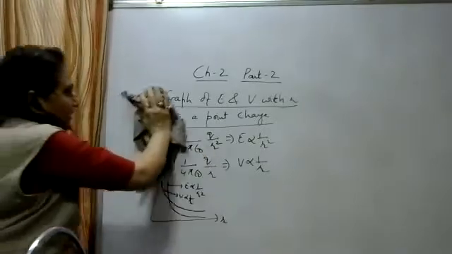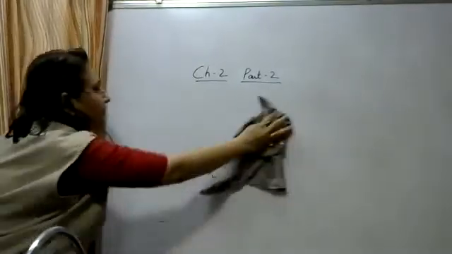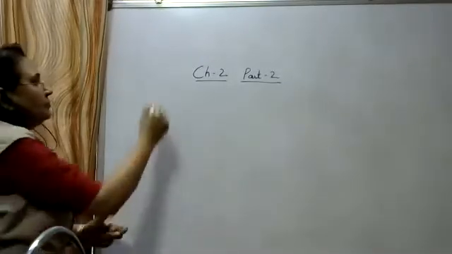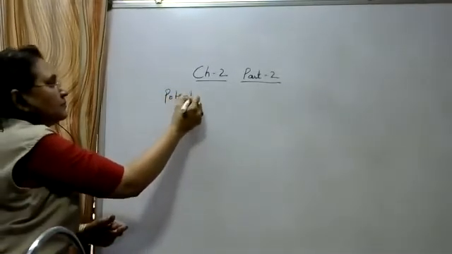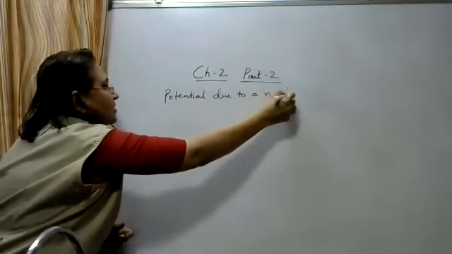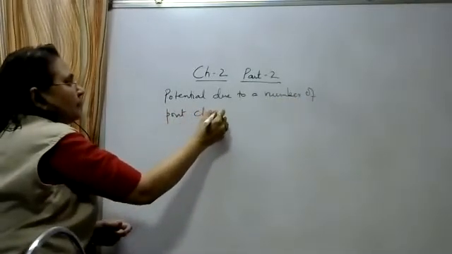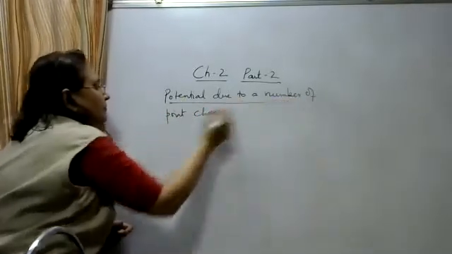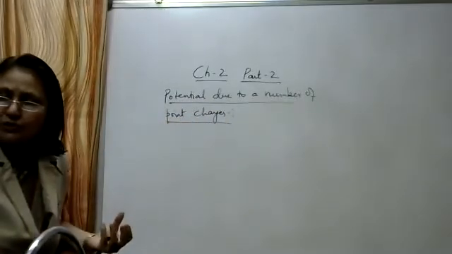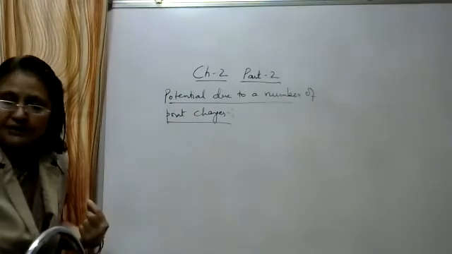Okay, next write down the next heading: Potential due to a number of point charges. Let a number of point charges Q1, Q2, Q3, Qn have position vectors R1, R2, Rn respectively.